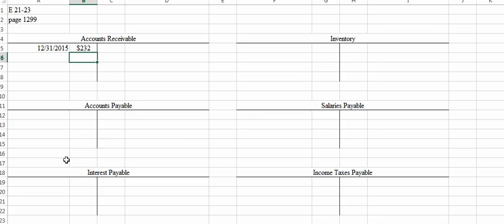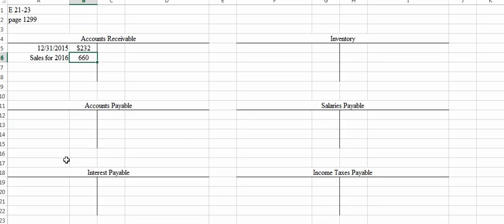So accounts receivable would have been debited $660. And that's sales for 2016.